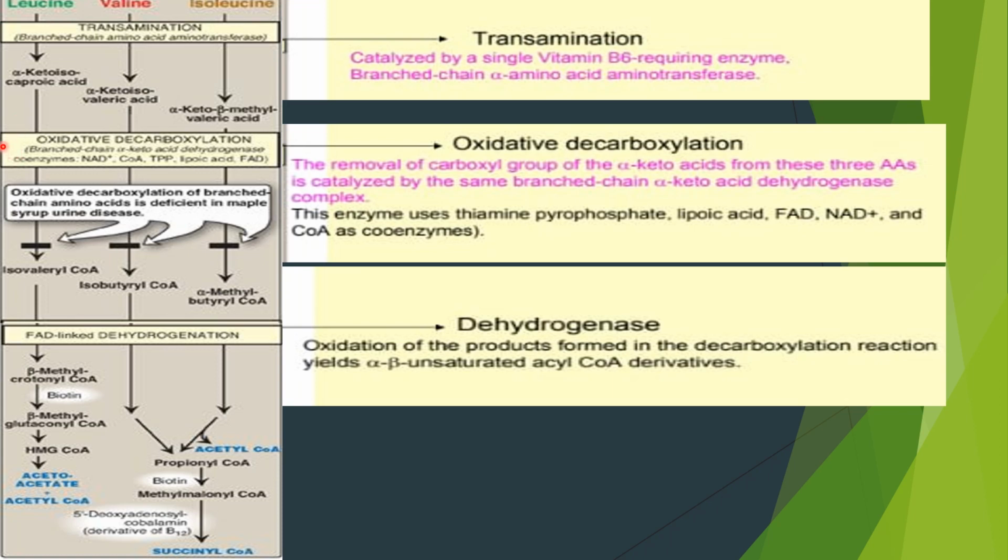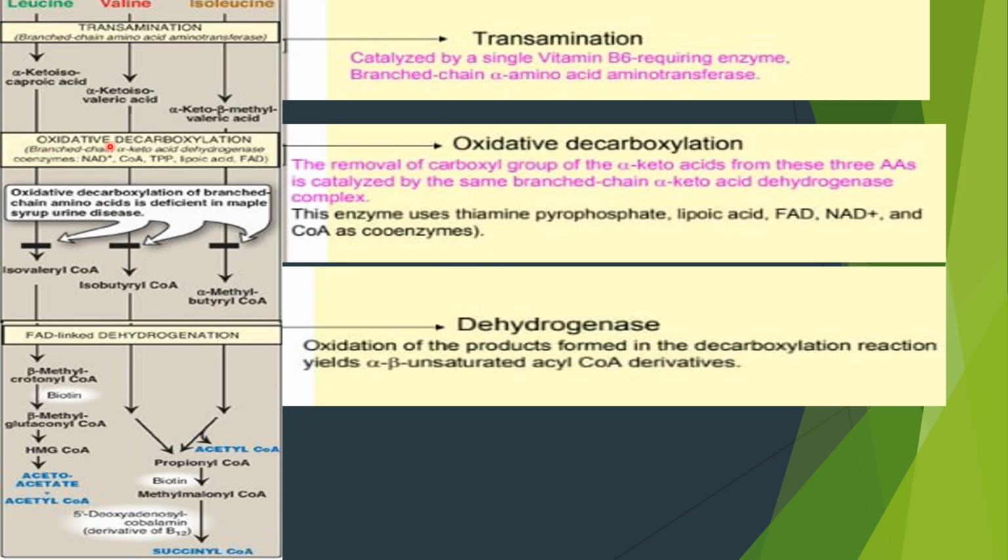And the second step is oxidative decarboxylation. All these alpha keto acids that are formed undergo the second step, that is oxidative decarboxylation. From alpha keto isocaproic acid, isovaleryl CoA is formed. From alpha keto isovaleric acid, isobutyryl CoA is formed. And from alpha keto beta methyl valeric acid, alpha methyl butyryl CoA is formed.